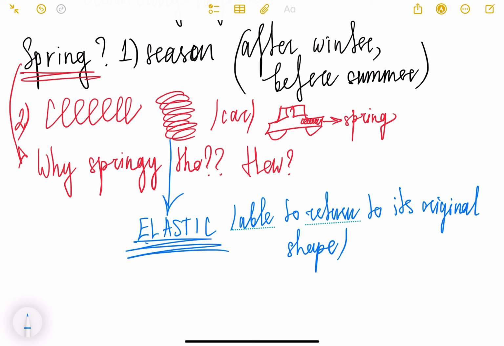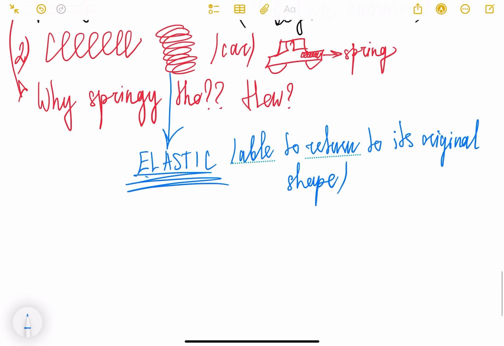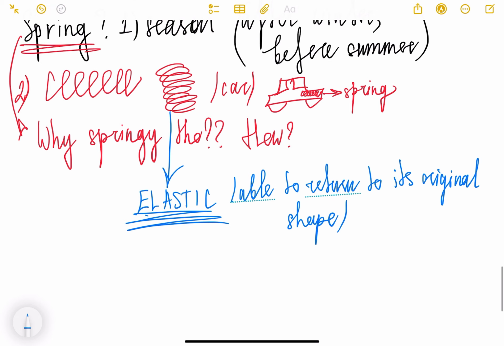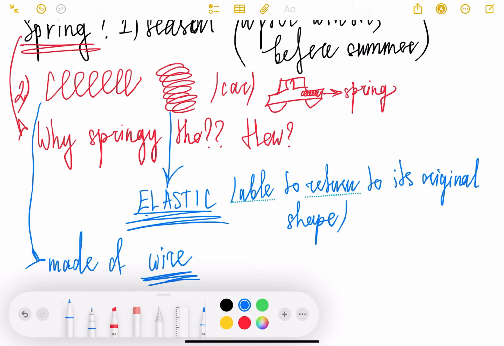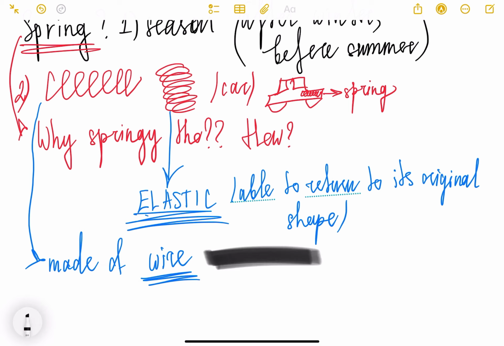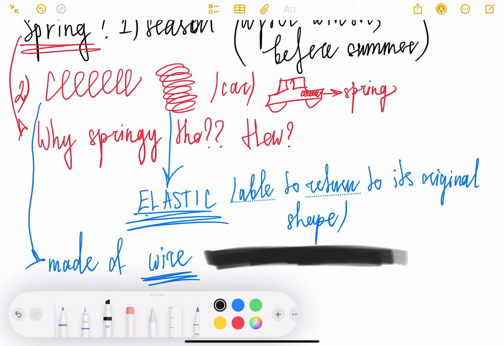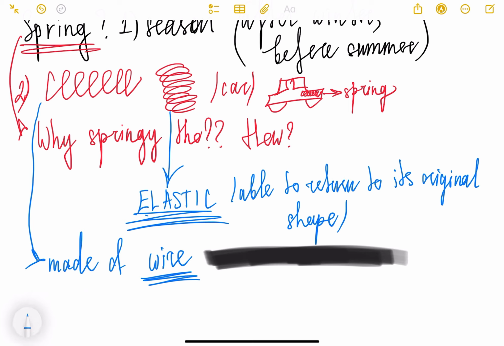But springs are made from wire. And wire is made from very ductile metal. So, this spring is made of wire. Wire is something like, I draw this along this line, and this is ductile.